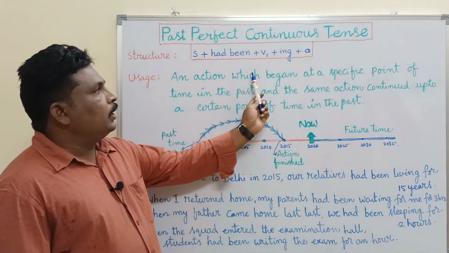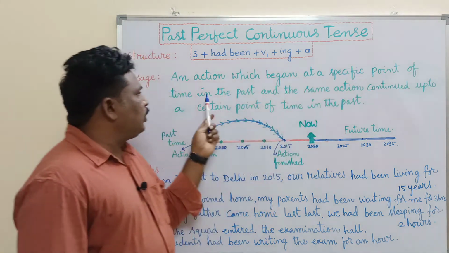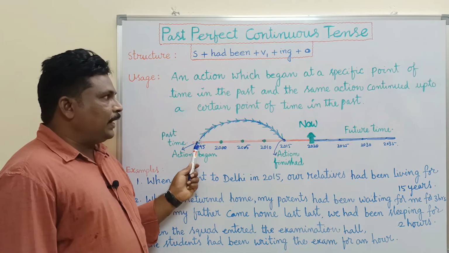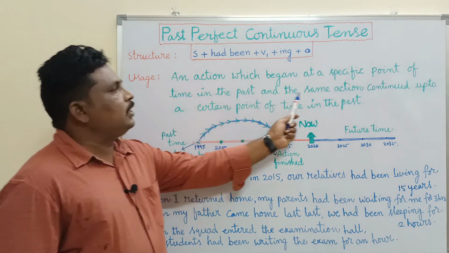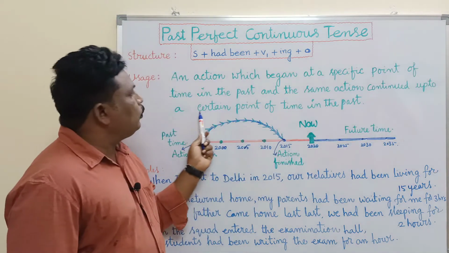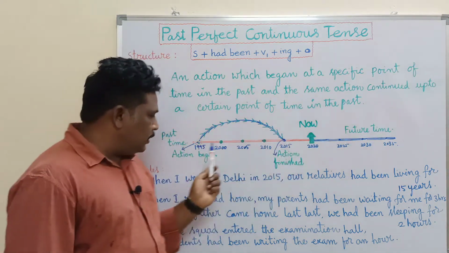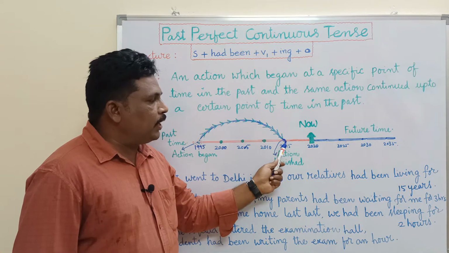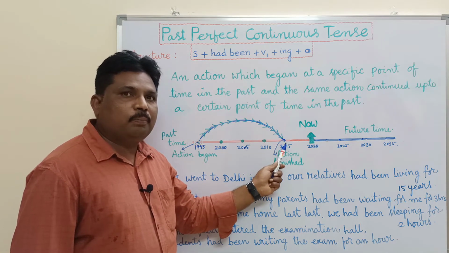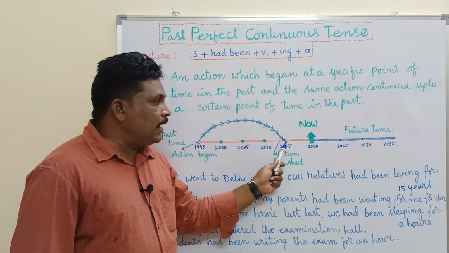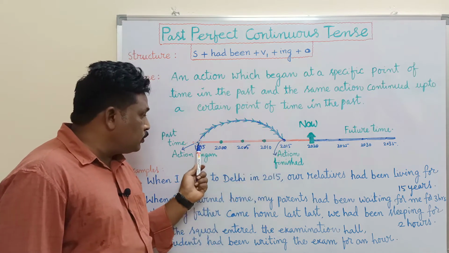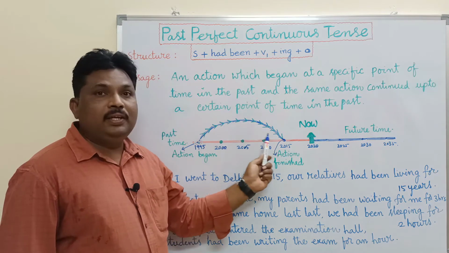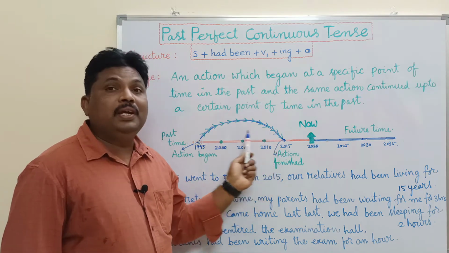Look at this. Action began at a specific point of time in the past. This is the specific point of time where action was begun, and the same action continued up to a certain point of time in the past. The same action continued up to this point of time. This is a certain point of time. This is a later time. So between these two points of time, there is a considerable period of time.